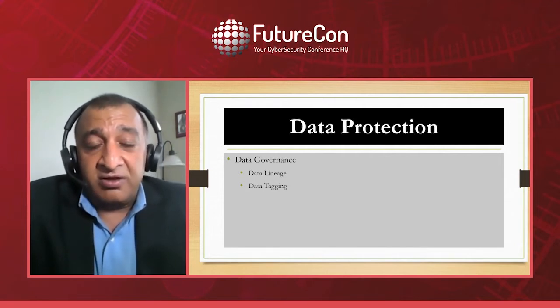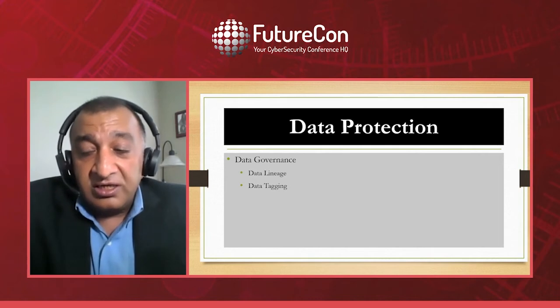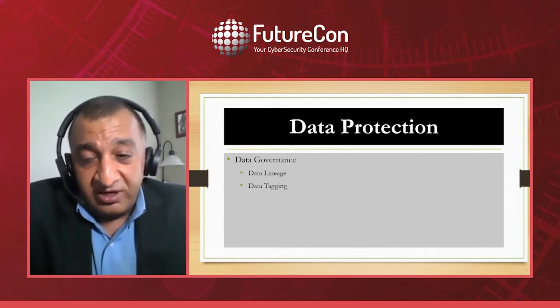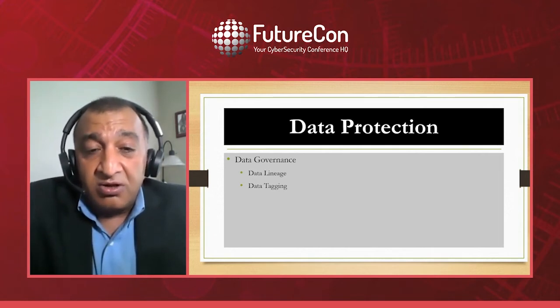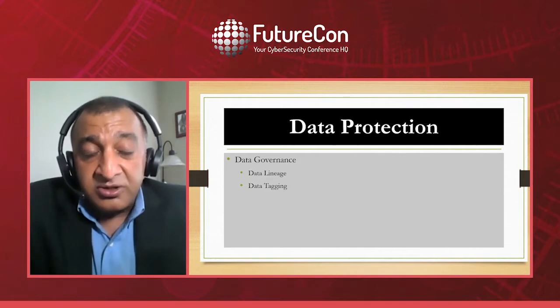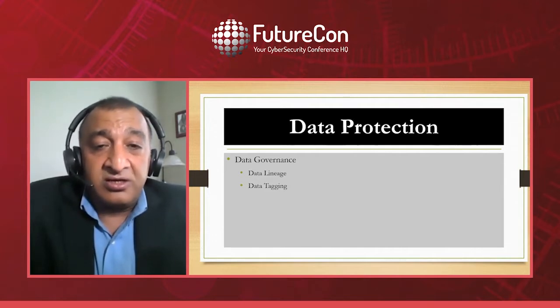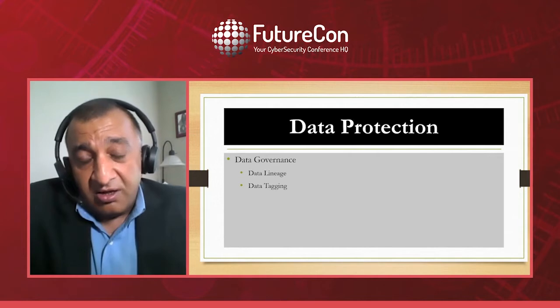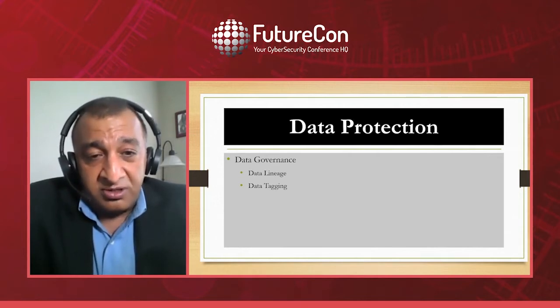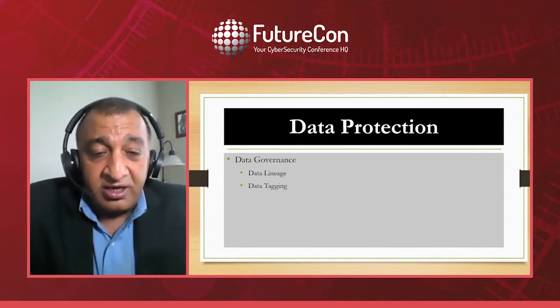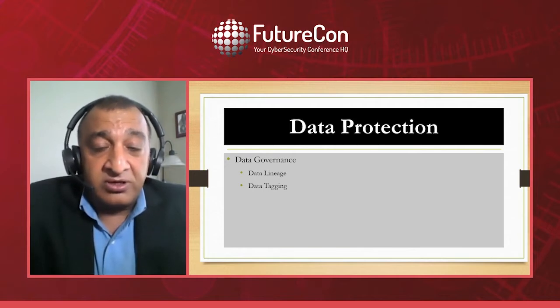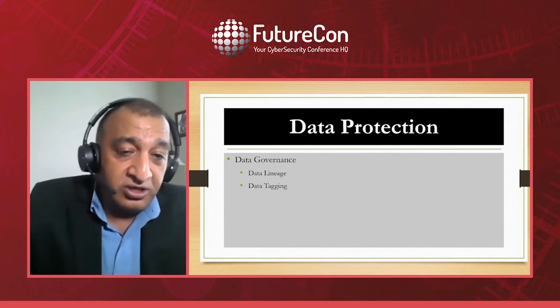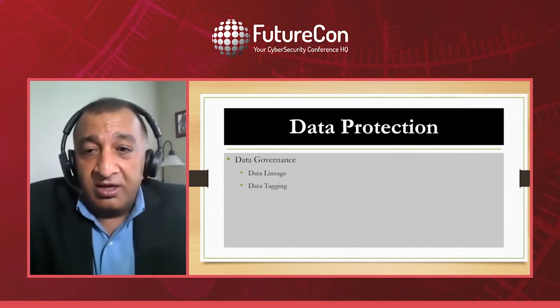Data tagging is when you want to get to the detail at the data field level within databases, or even in unstructured data, you can start tagging your data and assigning the classification with it. These are some of the work that your data governance team would be doing. It's really critical, in this day and age, to have a good data flow mapping created so you can apply your security initiatives on top of it.